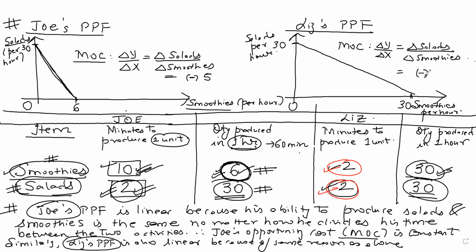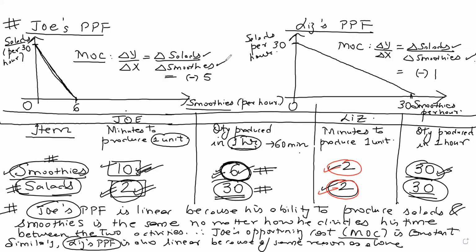It's going to be -1, because in 1 hour, Liz can produce either 30 salads or 30 smoothies. So the rate of transformation or the rate of exchange is 1. Liz has to give up only 1 salad to make 1 more smoothie, whereas Joey has to give up 5 salads to make 1 smoothie.